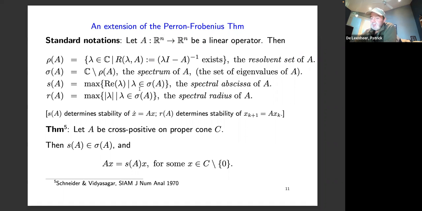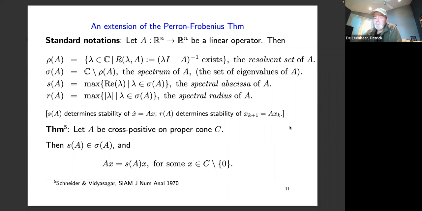That's the spectral abscissa. And if I just take the modulus of the eigenvalues and take the largest one, I get the spectral radius of the matrix. So we probably all know spectral abscissa determines the stability of a differential equation x dot is Ax, whereas the spectral radius would determine the stability of a discrete iteration given right here.